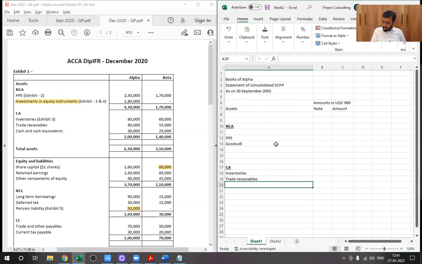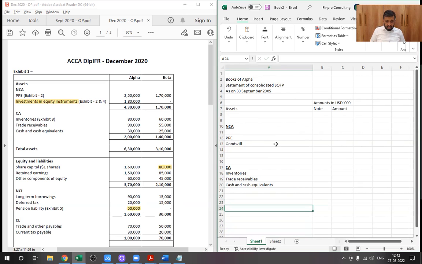Goodwill, there will be a working note, definitely. Inventories, there is only one adjustment with respect to elimination of unrealized profit on it, so we will do it here itself. Trade receivables, there is no adjustment because there are no intercompany payables or receivables mentioned. Then we have cash and cash equivalents. You can pass the amounts immediately, but generally once you prepare the format and working notes, then pass the entries. So everything is covered at that point of time.